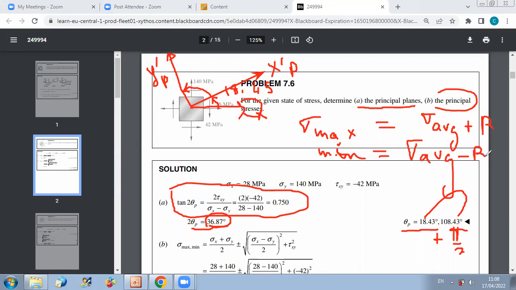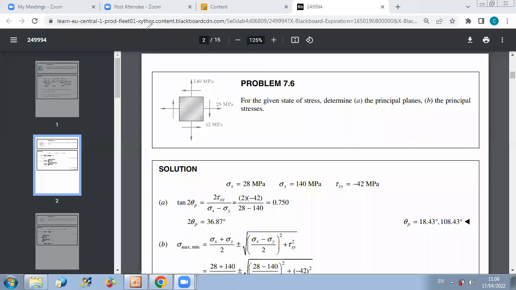You know that sigma average is given by sigma x plus sigma y over 2. The radius of my circle is given by the square root of sigma x minus sigma y over 2 squared plus tau xy squared. So I can do my calculations to find sigma maximum and sigma minimum. This is a pure application of the formulas we have developed together.